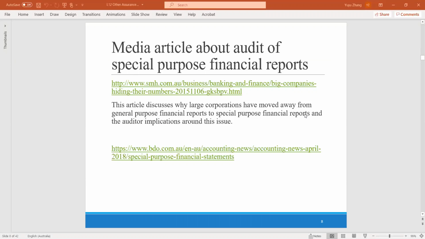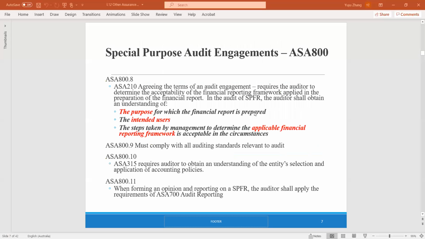If you want to know more about special purpose financial reports, you can go to those media discussions as linked. But for the auditors, when they audit special purpose financial reports, they follow the ASA 300 series.